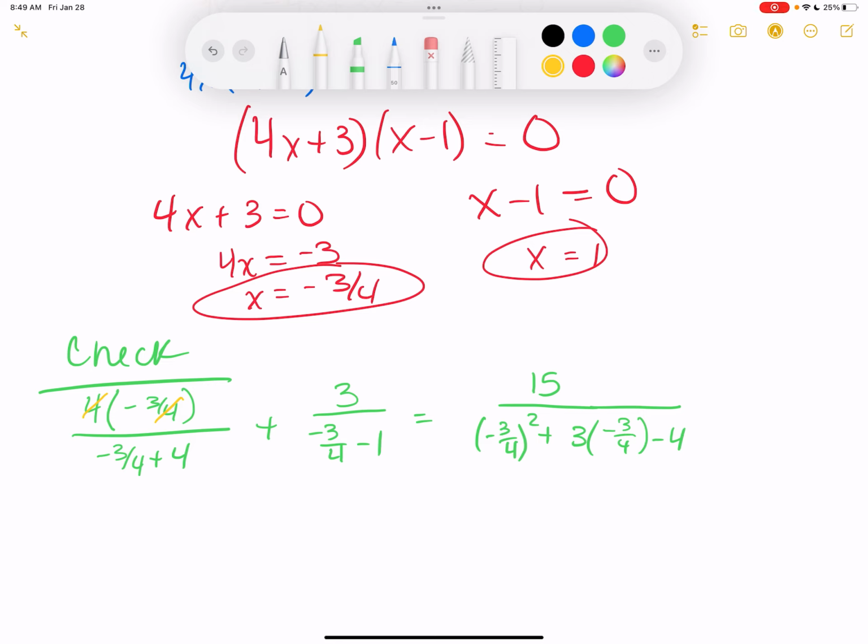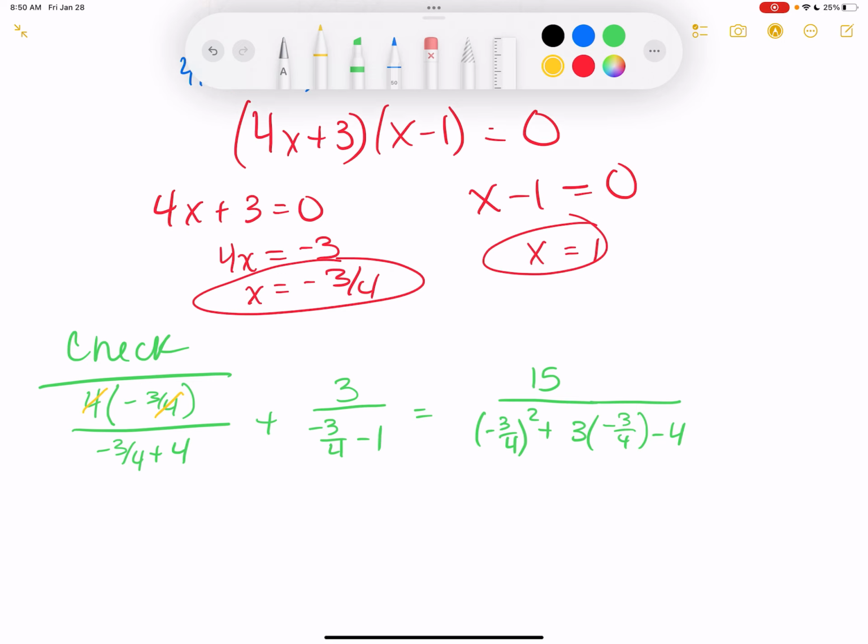Do you have to put parentheses around everything? I would put parentheses around the fractions, and parentheses around the whole thing. Yeah, you have to use parentheses if you're not putting it in as a fraction.